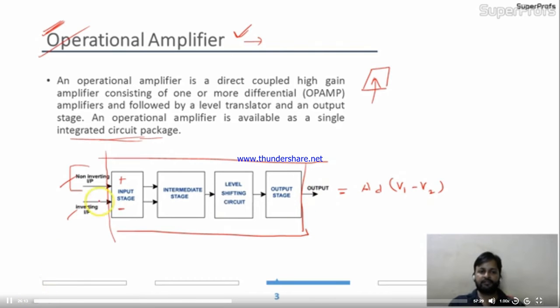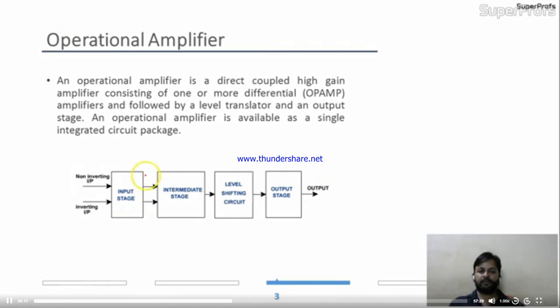Inside of the Opamp, this is not the important part, but we have to check it. This is the input stage, where we are going to apply the inputs. This is the intermediate stage, where we'll set the level, and this is the output stage.